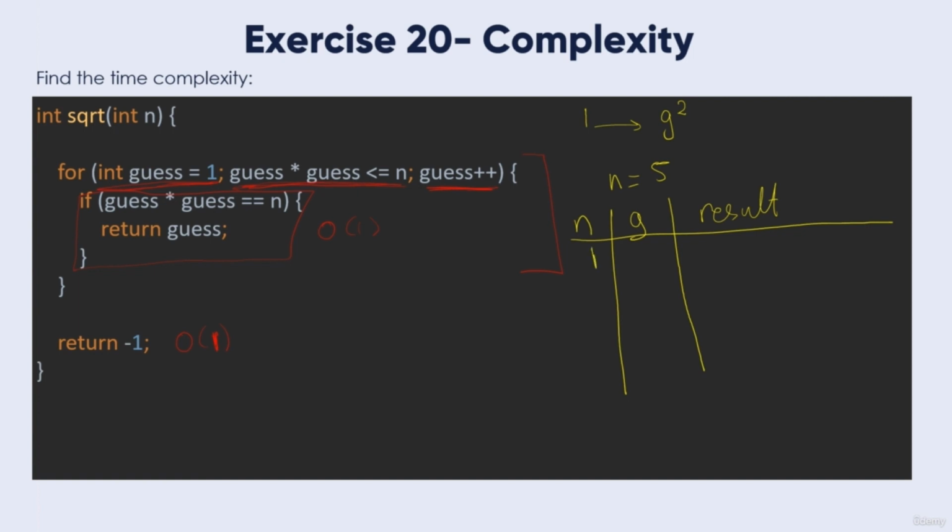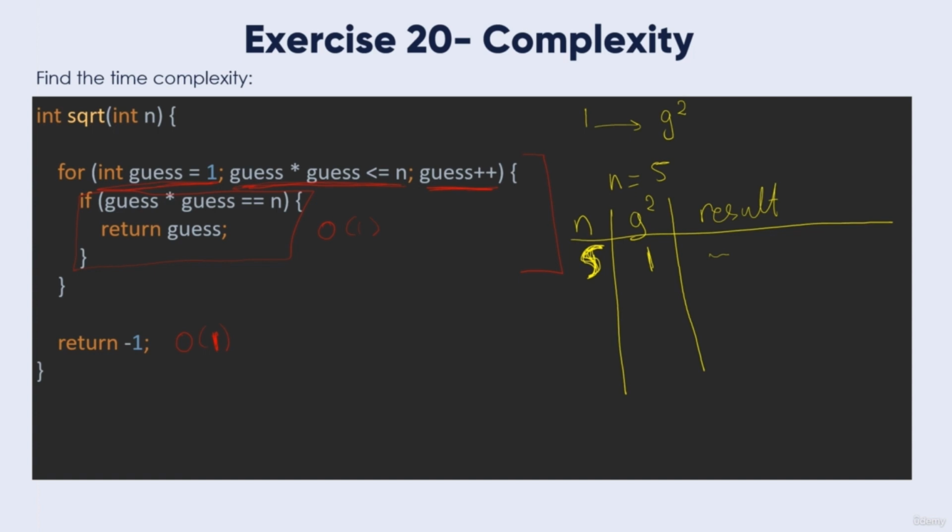The first iteration, guess times guess is 1. This is guess square. Guess square is equal to 1 because we started from 1, and n equal to 5, sorry guys. So, guess square less than 5, yes. It will go and execute this: if guess square equal to n, return guess. Otherwise, it will not do anything.